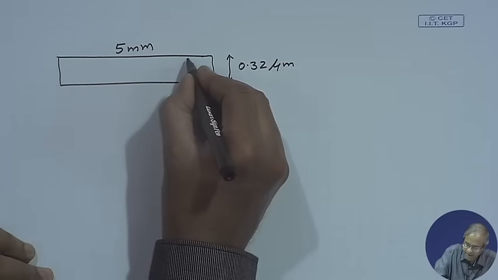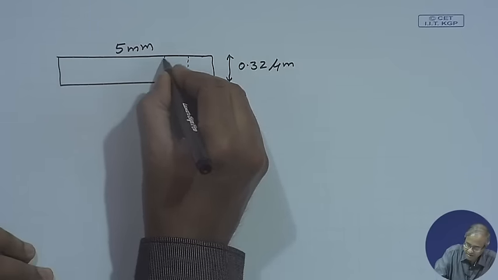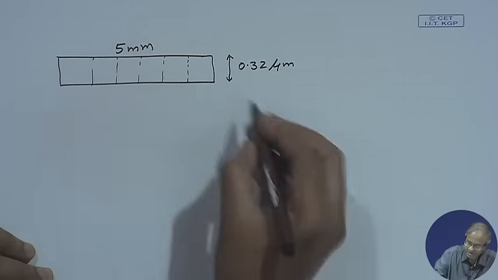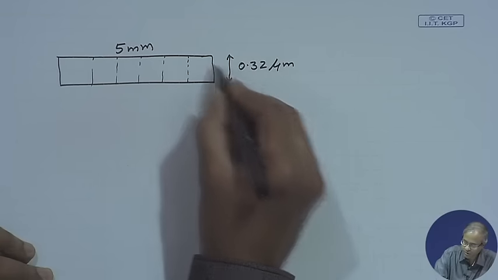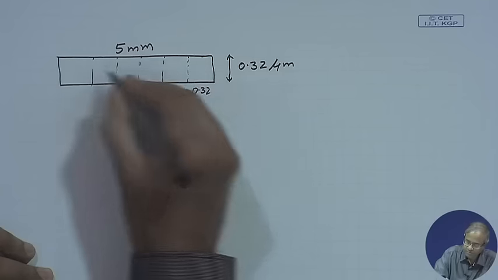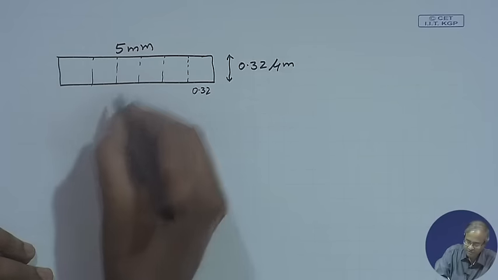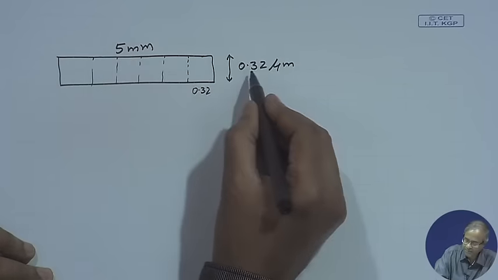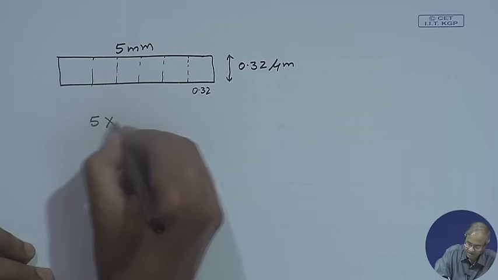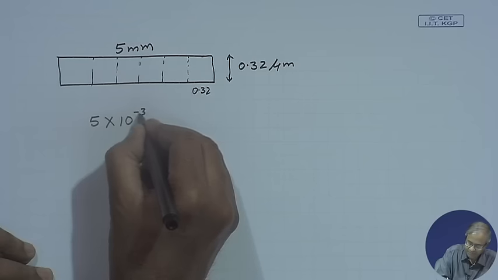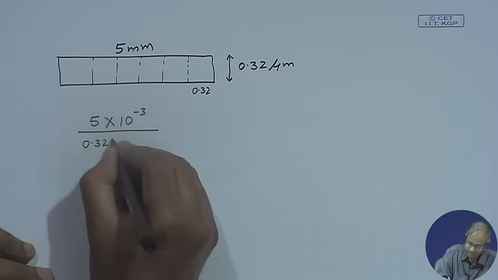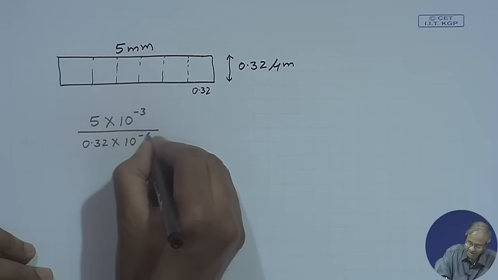If you again, similarly, as I had said earlier, try to discretize it in terms of square boxes, each square will be 0.32 micron by 0.32 micron. So, how many of such boxes will be there? If you divide 5 mm by this, 5 mm means 5 into 10 to the power minus 3, divided by 0.32 into 10 to the power minus 6.